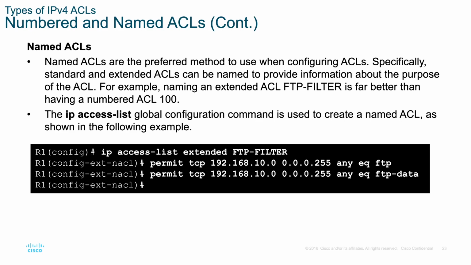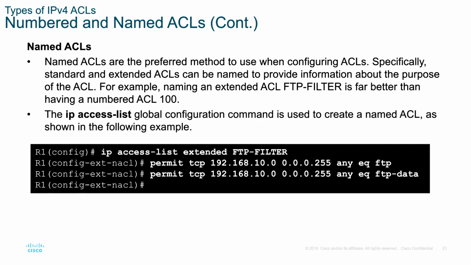The first line that is going to be looked at is going to filter based on the source being TCP traffic from the 192.168.10.0 network, because the wildcard mask is only looking at the first 3 octets, going to any destination equal to the FTP protocol. The second line is the same, but it's looking for access at the destination for FTP data.